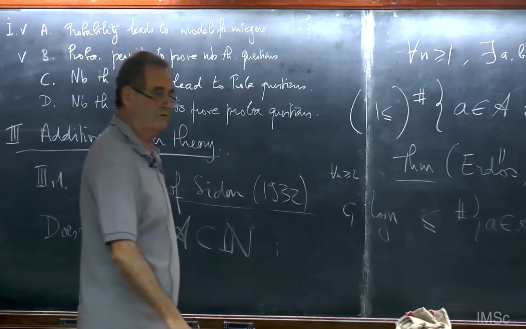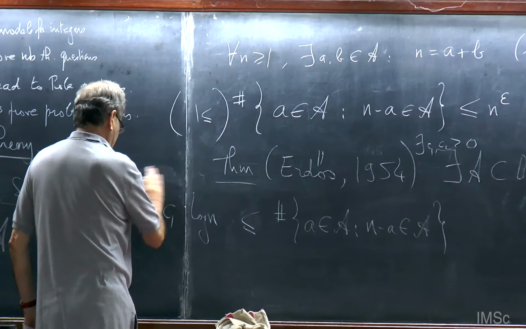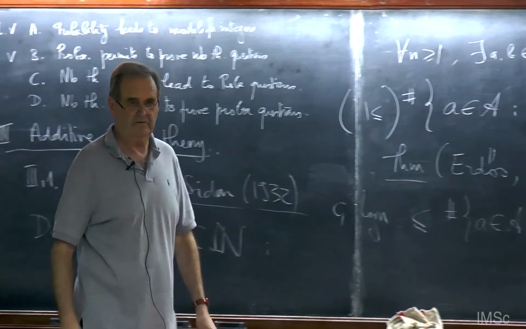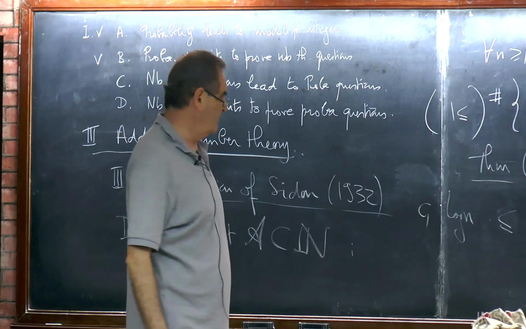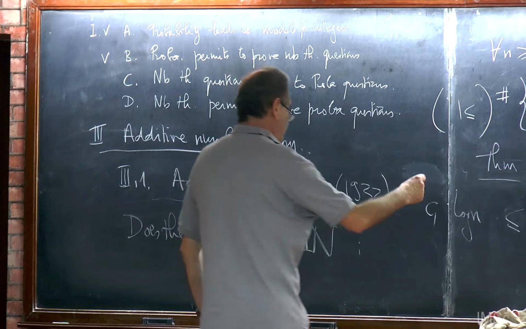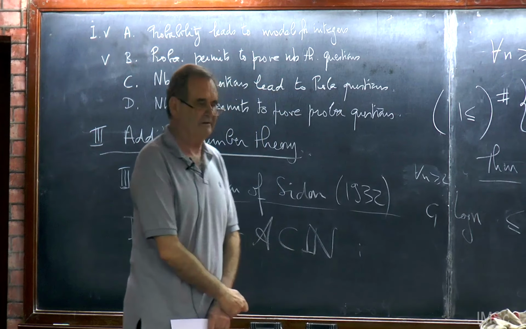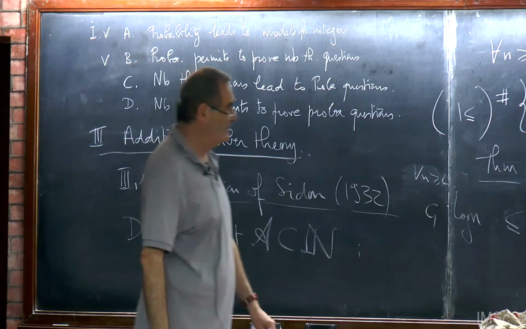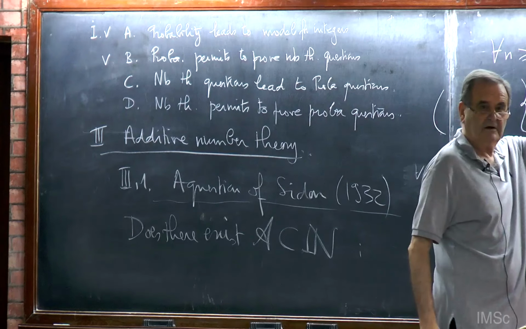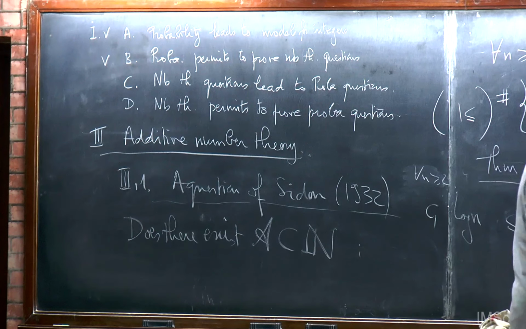It is true also for n equal to 1, because this is trivial. But the upper bound will not be true for n equal to 1. And what is interesting is that now you have to get something like that in the upper bound.